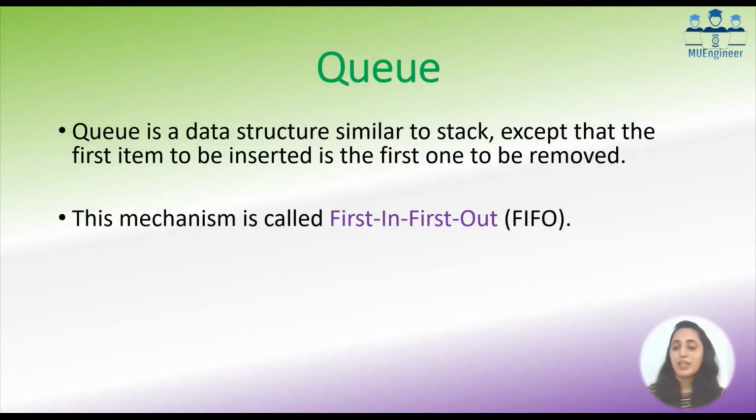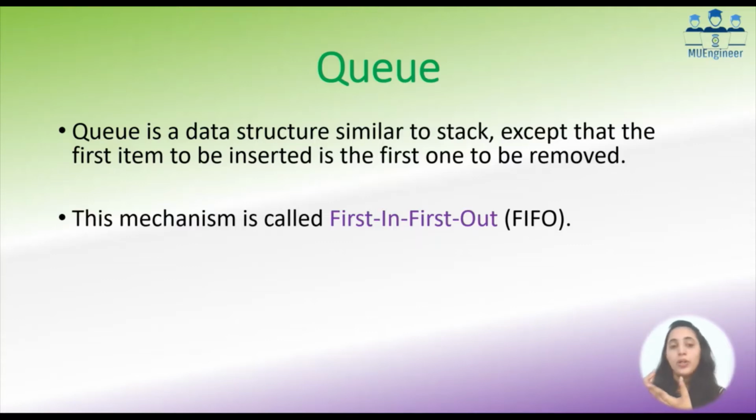First of all, we'll see the basic definition of a queue. A queue is a data structure which is similar to the stack data structure, except that the first item to be inserted is the first one to be removed. If you remember, in a stack you keep adding new things from the top only, so we push and pop from the top of the stack.